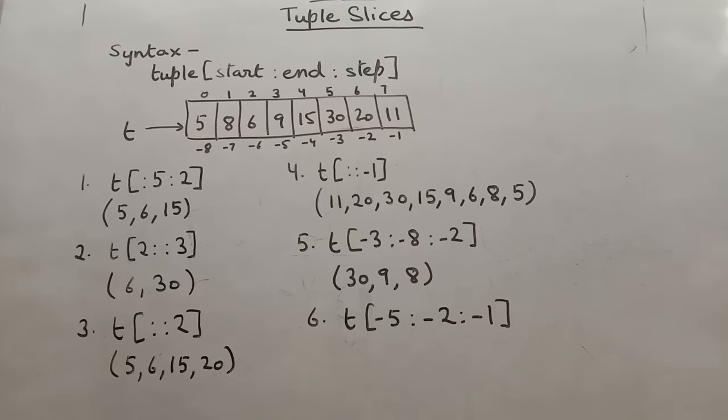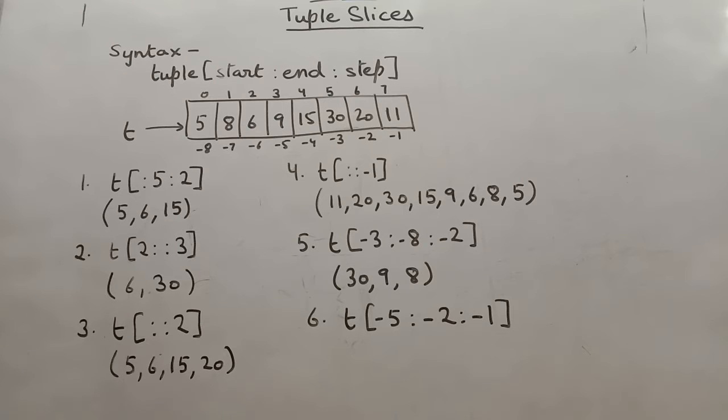Let's suppose the step value is positive and you have not specified the starting index. Then in that case, it will assume the starting index to be the beginning of the tuple. That means 0th index. If the step value is positive and the ending index is not specified, then it will take the ending index to be the end of the tuple.